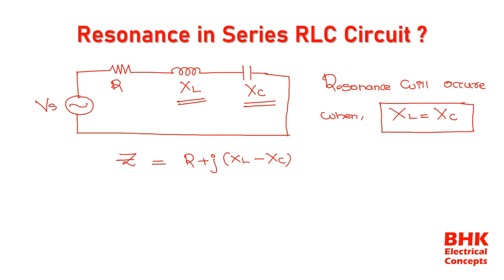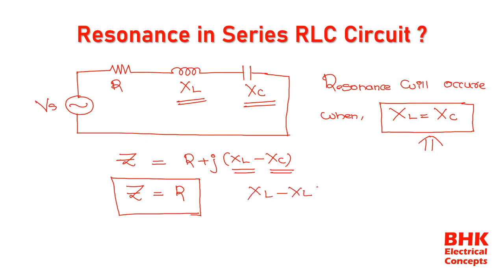So under resonant condition, XL is equal to XC, so at the time of resonance the value of impedance Z is equal to R, because XL value and XC value are both equal, so XL minus XC cancels out, positive XL and negative XL both cancel, and you will get Z equal to R ohms. That is the reason why at the time of resonance in the series RLC circuit, the impedance Z is equal to the resistance.